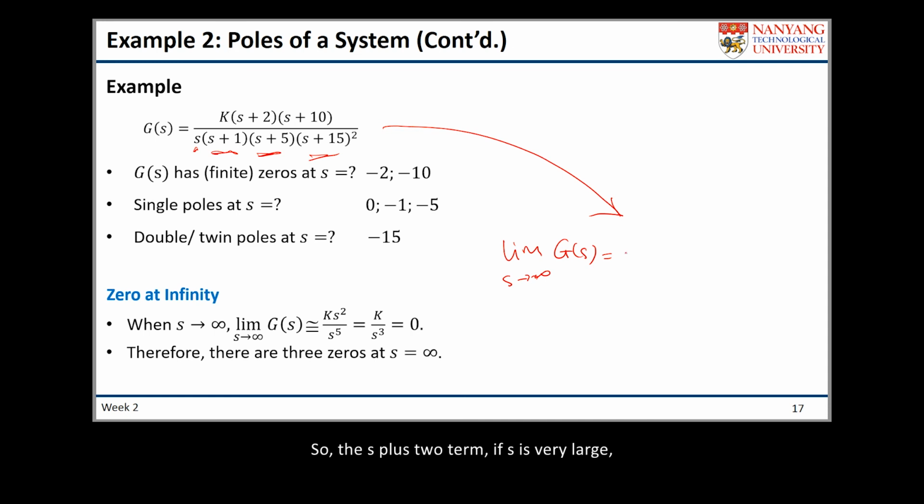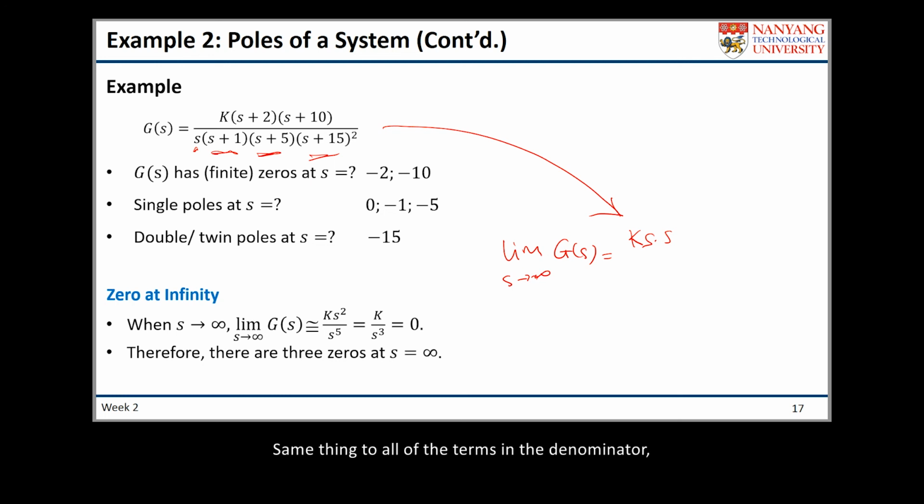So the (s plus 2) term, if s is very large, I can approximate as s. As well as (s plus 10): 1 billion and 1 billion 10 is more or less the same. So I can approximate (s plus 10) also as a single s.